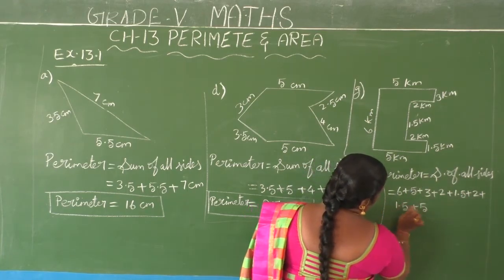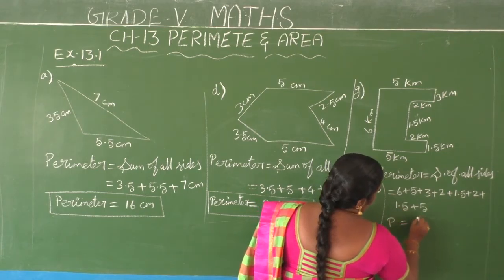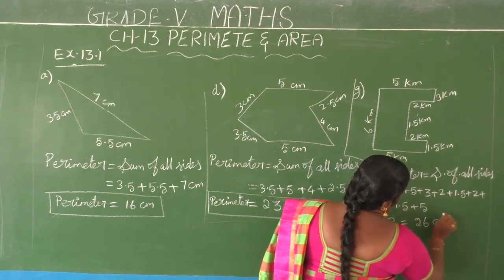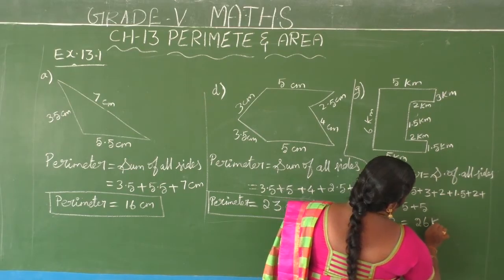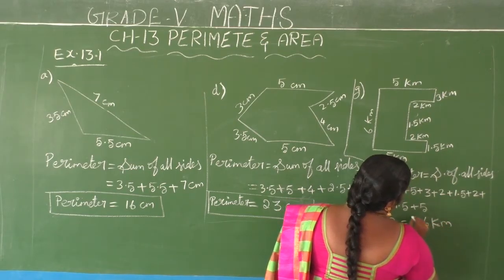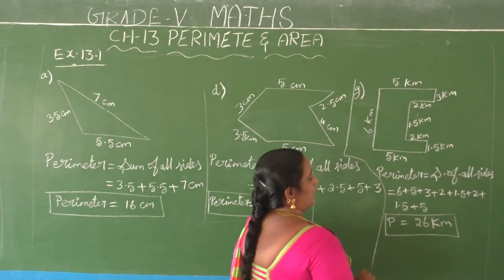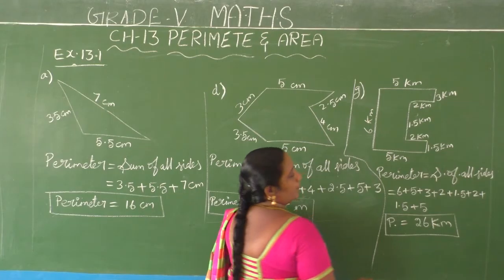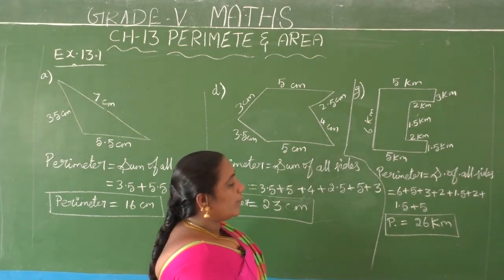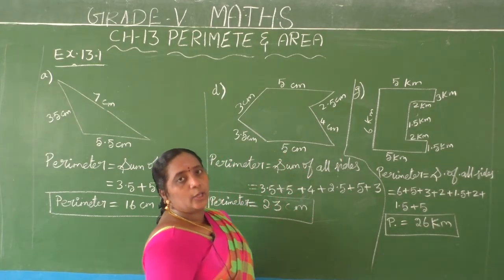So what is the perimeter? Perimeter equal to 26 kilometer, because here they gave the measurement in kilometer only. So you have to write in kilometer. I write in short form P for perimeter. Okay, so perimeter equal to 26 kilometer.